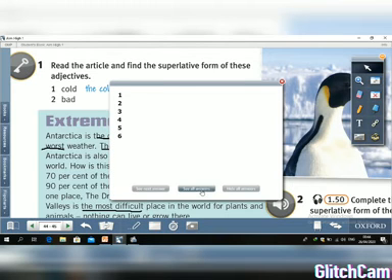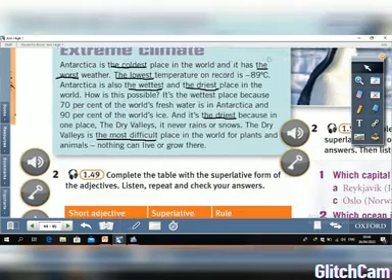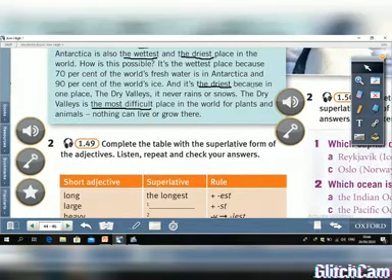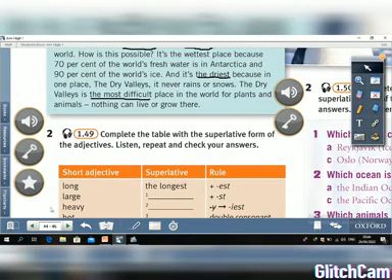Let's check our answers. Yes, the coldest, the worst, the lowest, the wettest, the driest, the most difficult. So, what is superlative and how can I use it? Superlative, when I compare between or among one thing and a group.